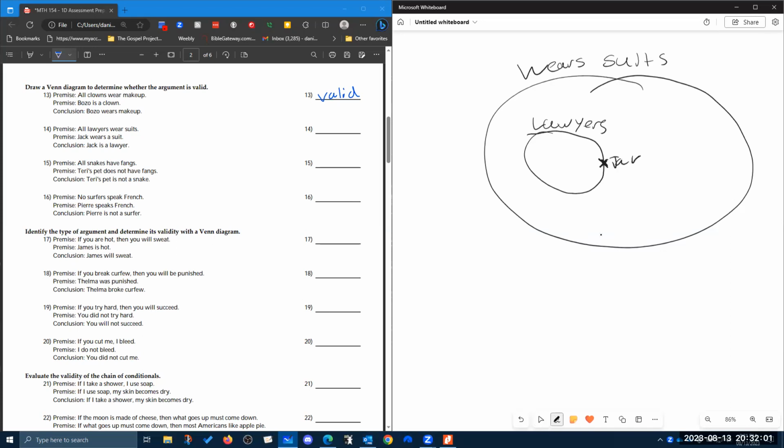There's Jack. Because I don't know for sure if Jack is a lawyer or not a lawyer. I just know that he wears a suit. He could be outside. He could be inside. So this is an invalid argument. If I don't know where something is, I put it on the boundary to show it could be either place in an Euler diagram.